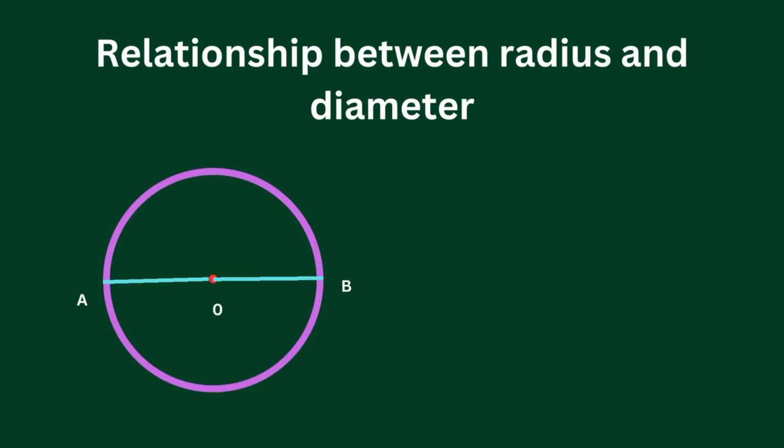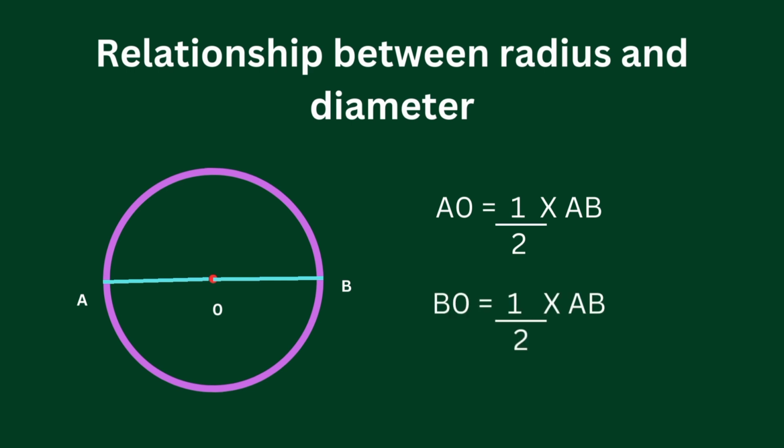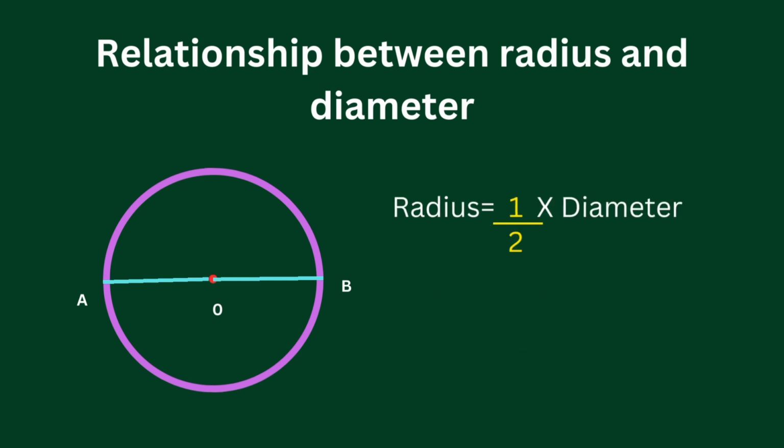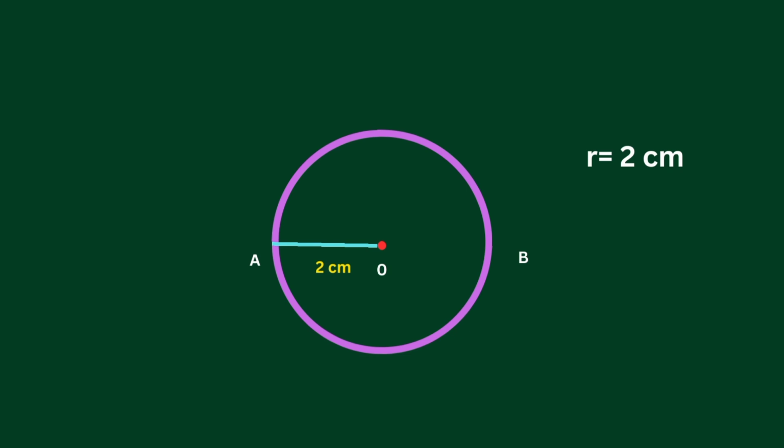AO is half of AB and BO is half of AB. So, a circle's radius is half the length of its diameter. Suppose the length AO, the radius, is 2 cm, then the length AB, the diameter, is 4 cm.